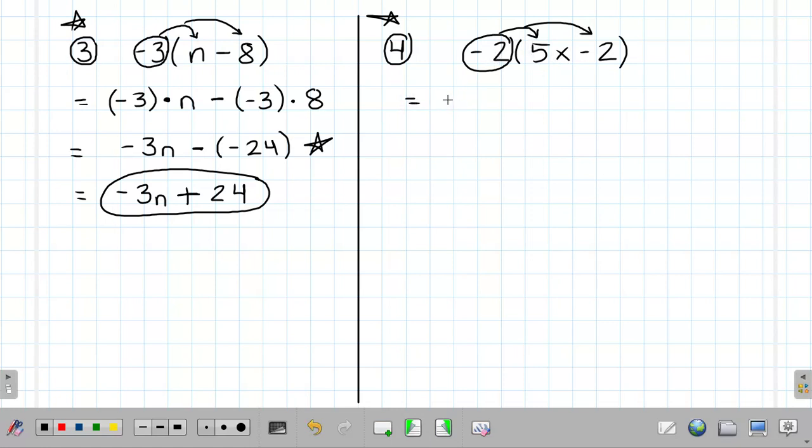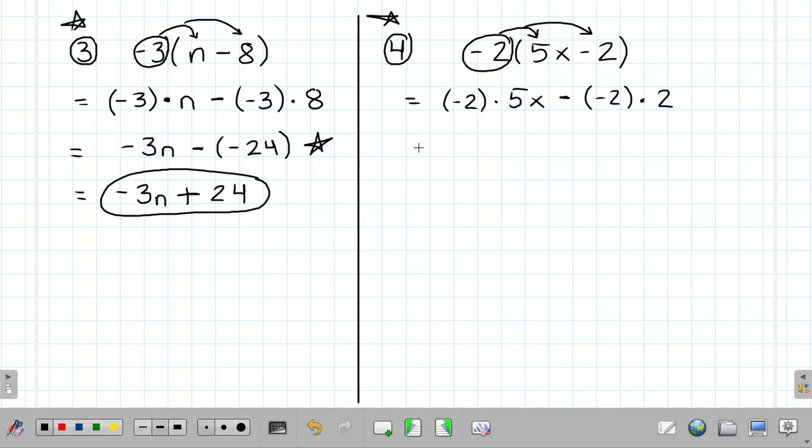We're going to take this negative 2 and multiply it times the 5x, the whole thing, 5x. Then we're going to subtract negative 2 times positive 2, okay? And notice once again, I'm using parentheses when I'm dealing with the negatives here, so I can clearly see what should be negative, what should be positive, okay?